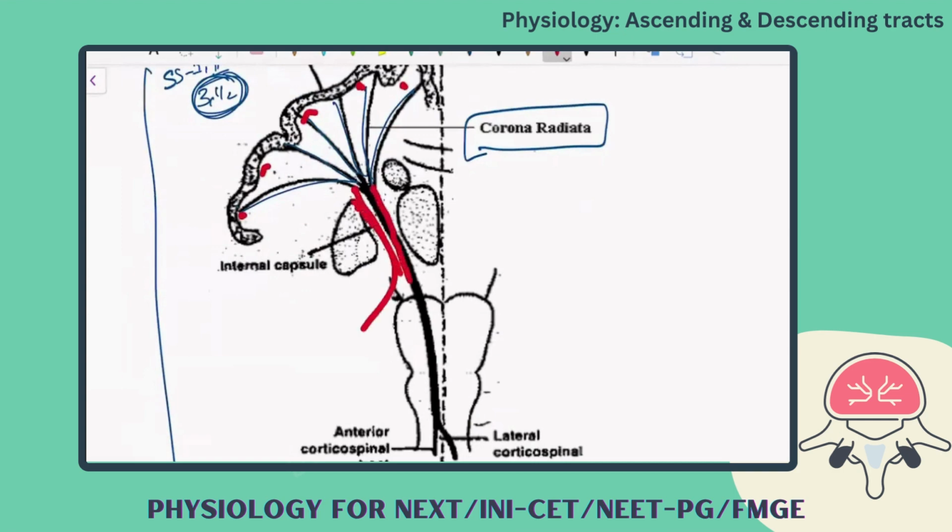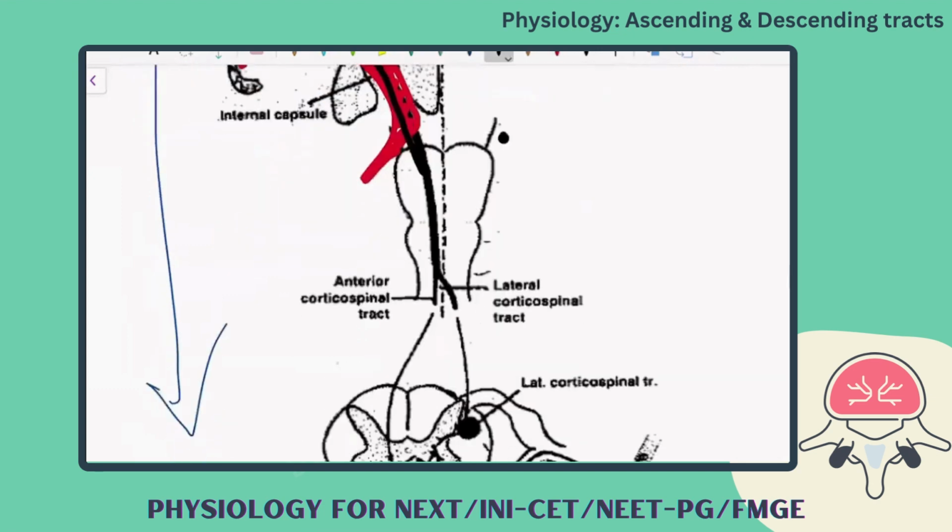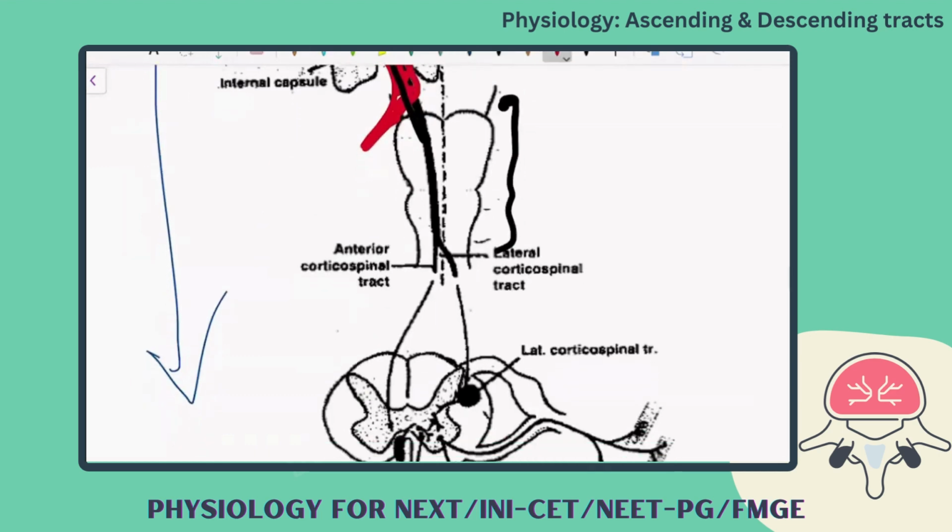This is the part where you have the thalamus and all those things, and the space in between is the internal capsule. The fibers travel through this internal capsule, now entering into the brain stem, and at the location of the medulla, there is crossing of fibers.